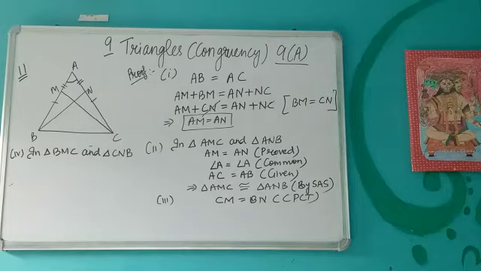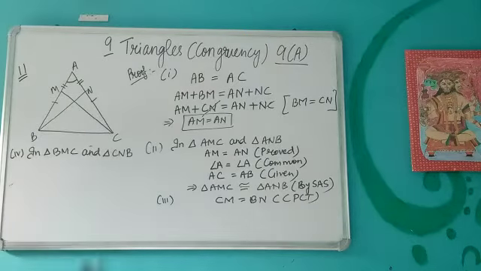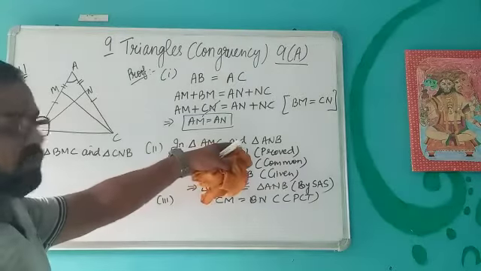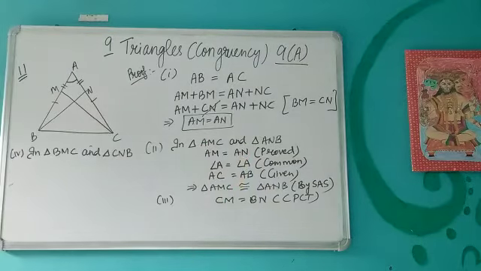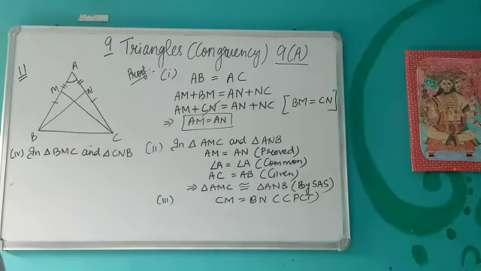So let's analyze it first. BM equal to CN is given. Then MC equal to NB, this we can take from this triangle itself. And BC is equal to BC, the common side.